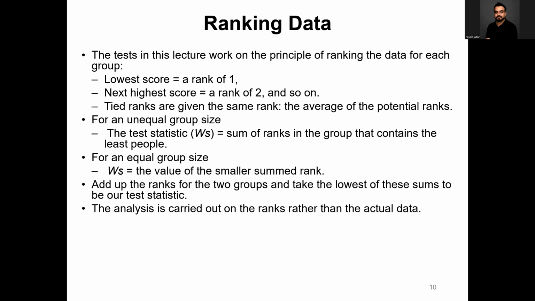For an unequal group size, let's say I have two groups, male and female, but I have 100 people as female and 50 people as male. In this case, the test statistic is Wilcoxon, which is the sum of ranks in the group that contains the fewest people. But for an equal group size, the test statistic, Ws, is the value of the smaller summed rank.